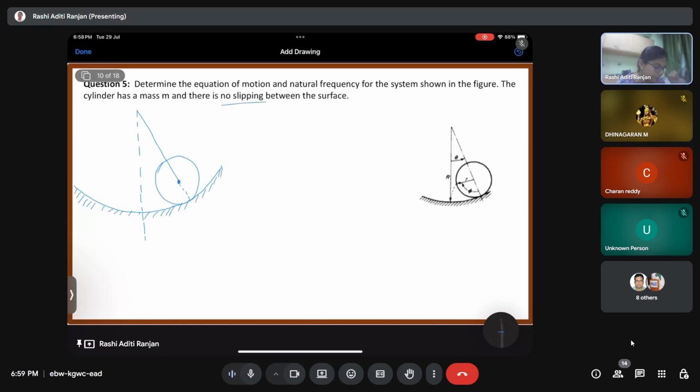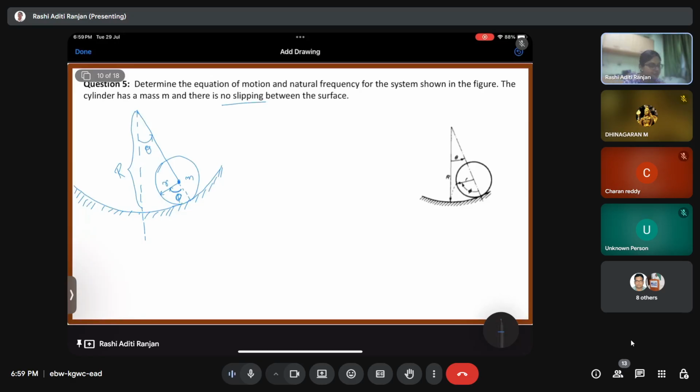There is no slipping. This has a mass m. This angle is theta. This movement is theta. This is our radius, and this movement is phi. And this length is capital R. So the question is that we have to find the equation of motion and the natural frequency.